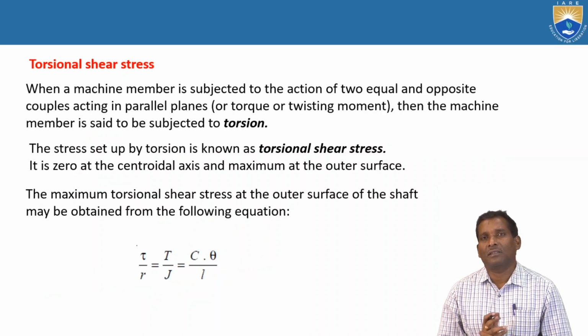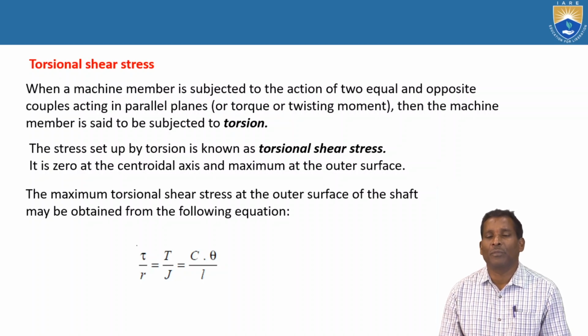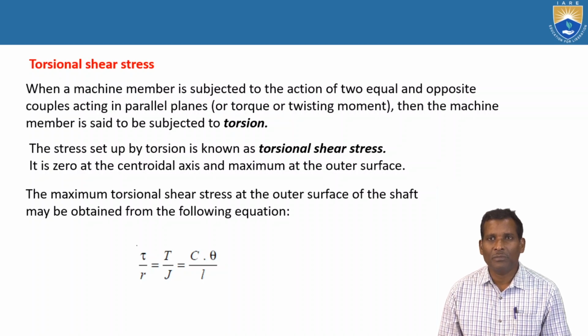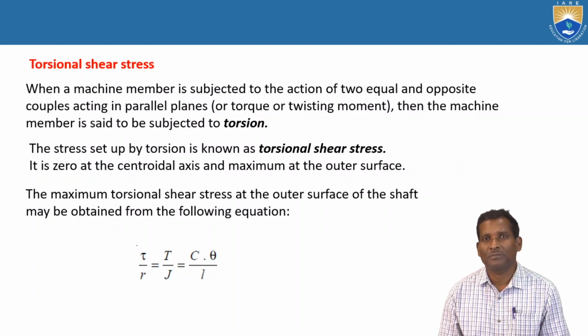Next, other stresses: the torsional shear stress due to the twisting moment or torque. When a machine member is subjected to the action of two equal and opposite couples acting in parallel planes, that is known as torque or twisting moment.